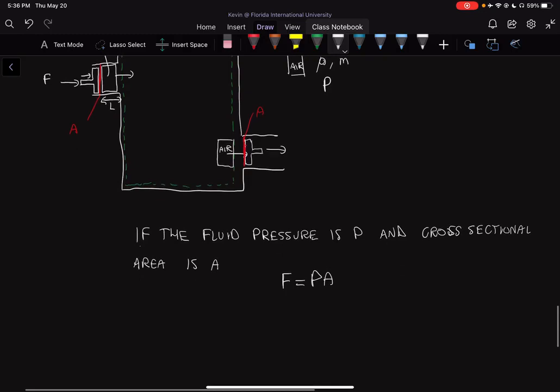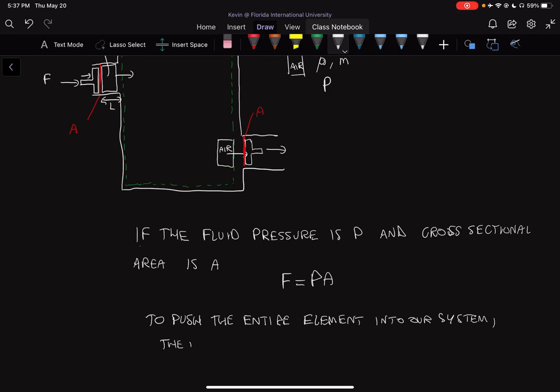And we can go further than this and say to push the entire element, so the entire air element, into our system, we see that the force has to act along a length L. If the force acts all the way along the length L, then we know that our air is going to go into our system.